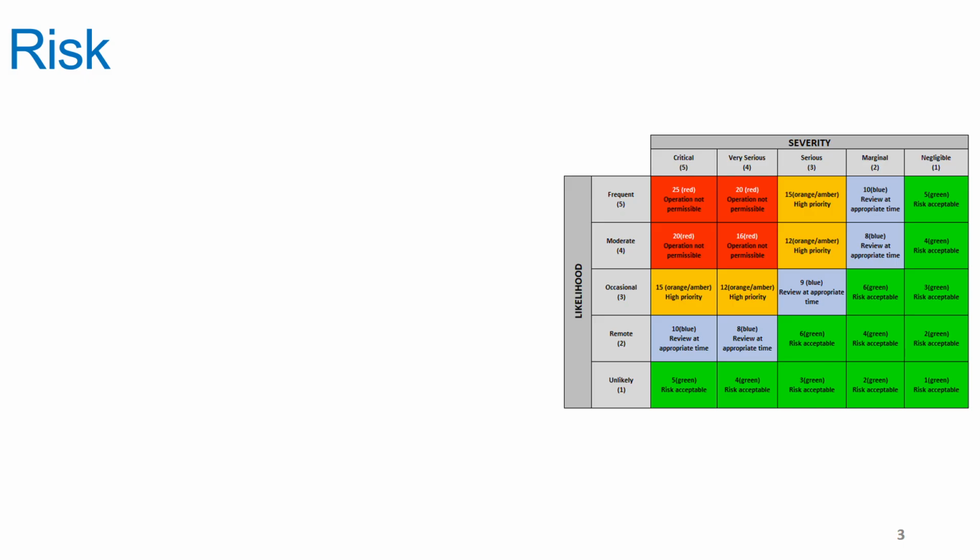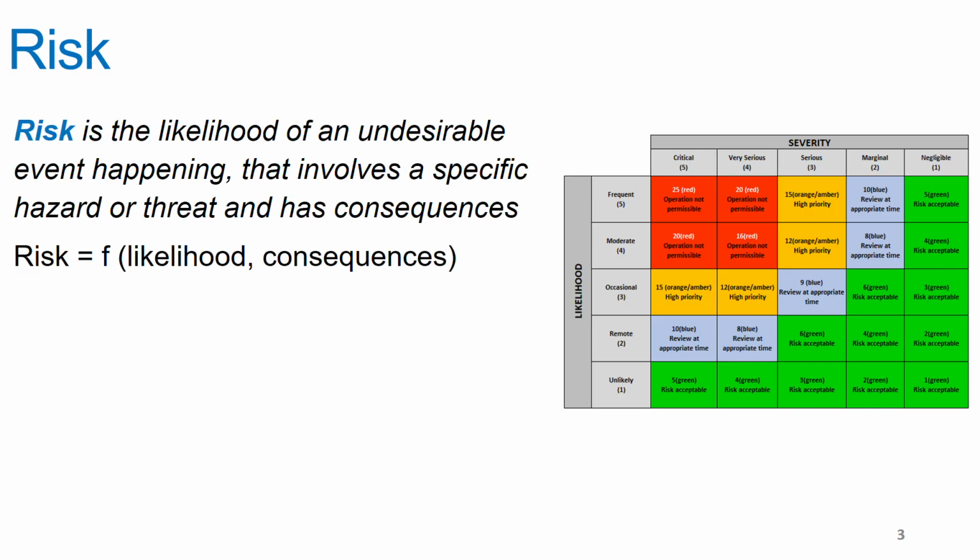Let's just quickly recap. We'll redefine what risk is, and then after that we'll jump into certain aspects of the biorisk management strategy. Like we defined it in the previous session, risk is the likelihood of an undesirable event happening. This undesirable event needs to involve a specific hazard or threat and has consequences.